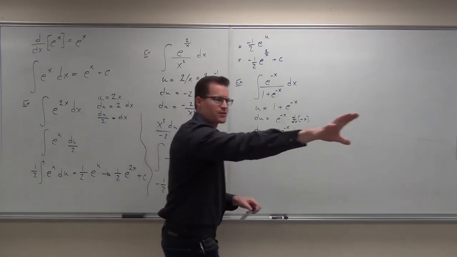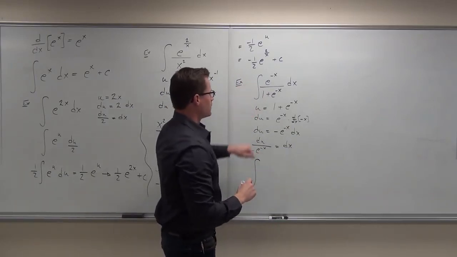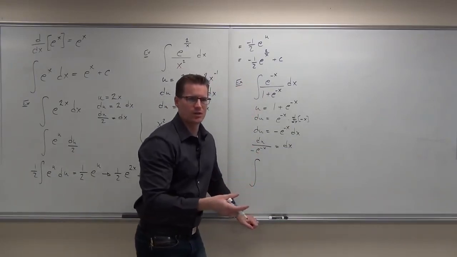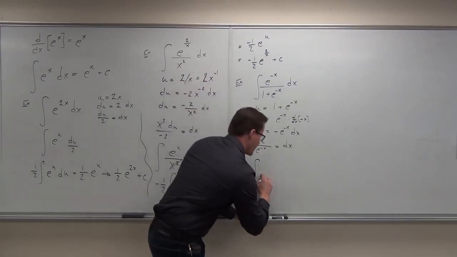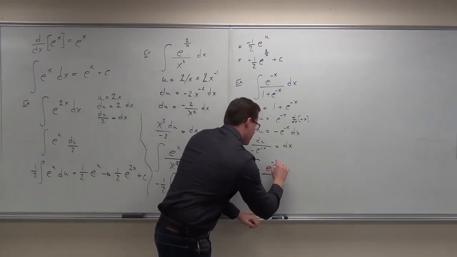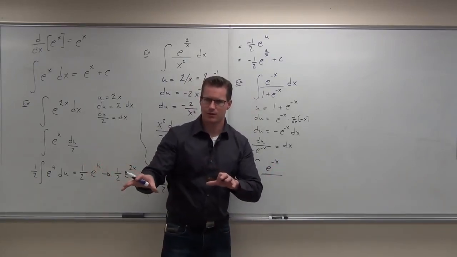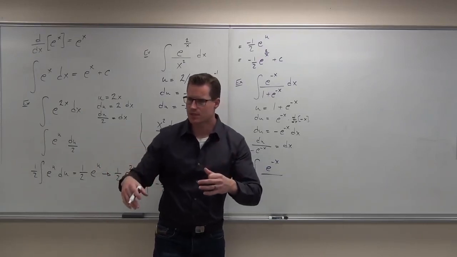Tell me please what is on the top of my integral. It depends on the way you do it. For the way I'm doing it, what's on the top of my integral right now? How about on the bottom of my integral? What am I going to have there? You can say it out loud. u.